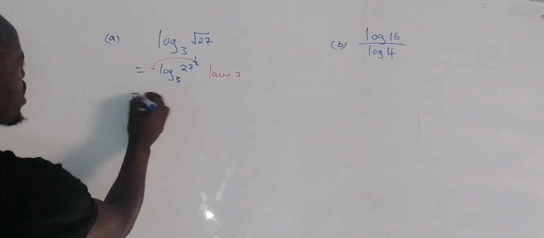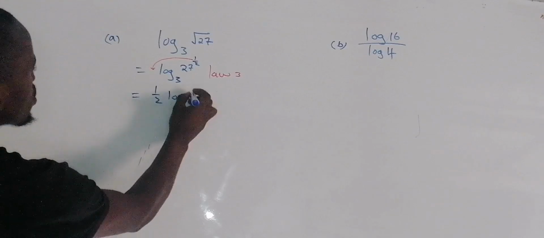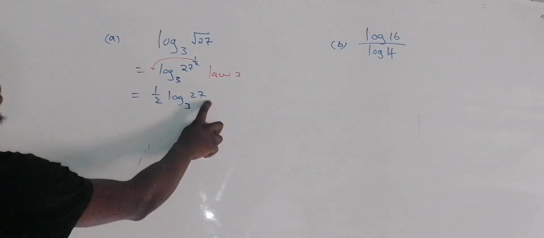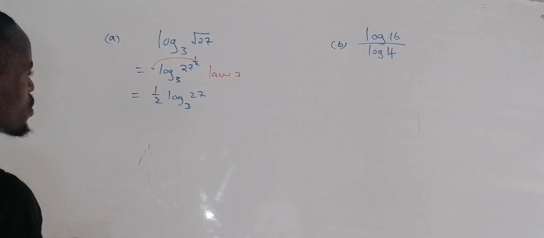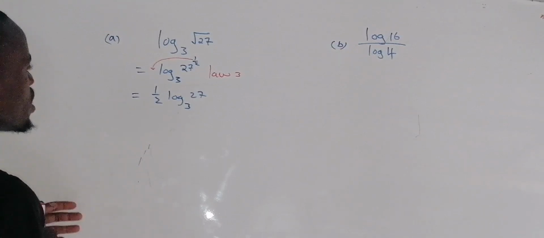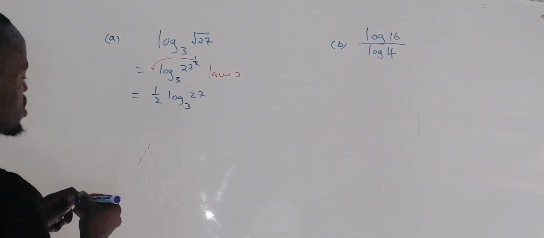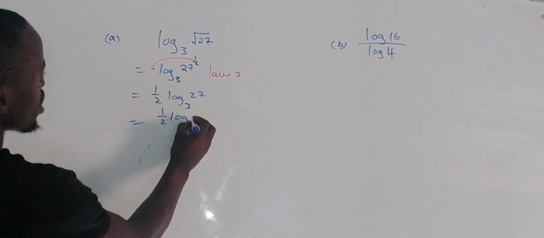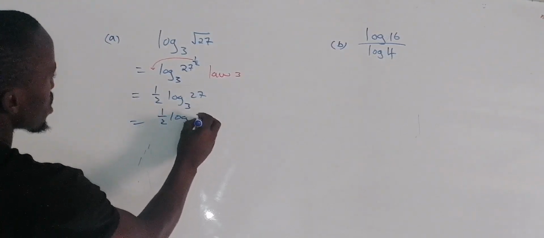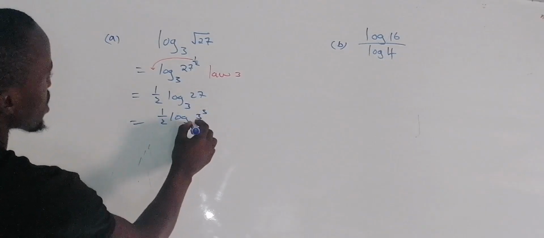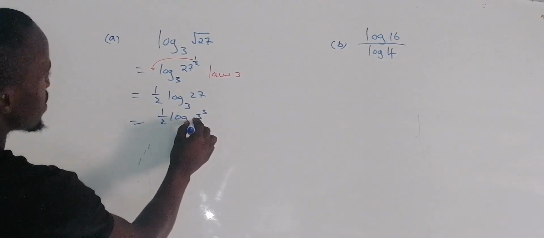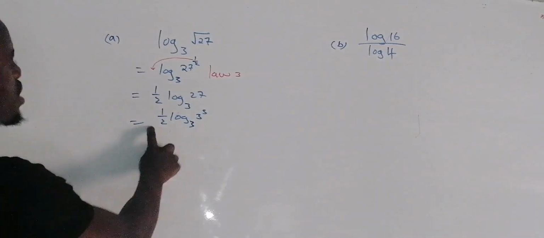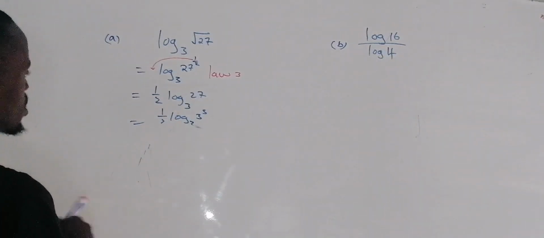Now it will be half log 27 base 3. And you can still change that 27 to be written in an exponential form, in a way that will give us small numbers. It's half log 3 cube. Then you still have the law number 3 here.